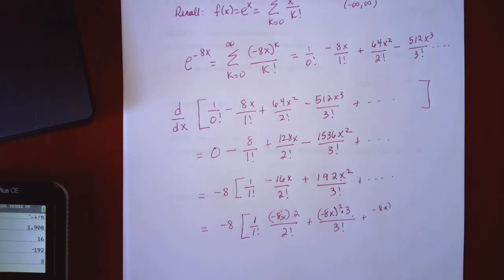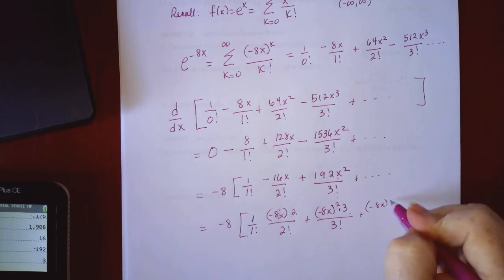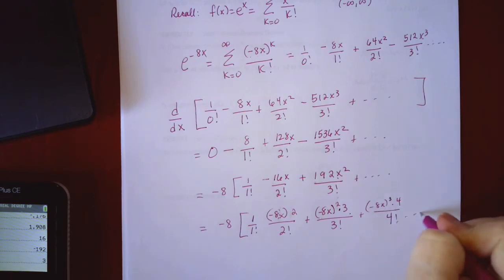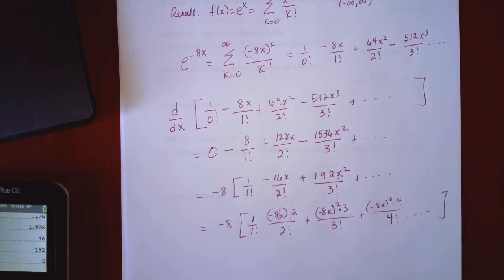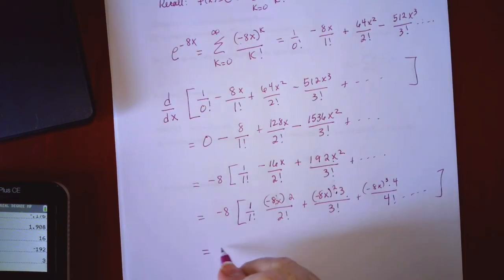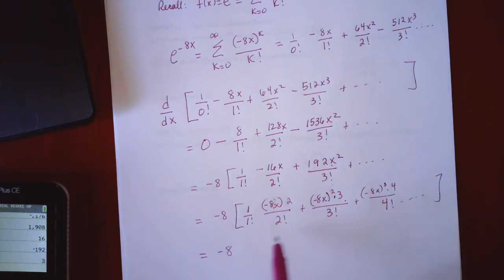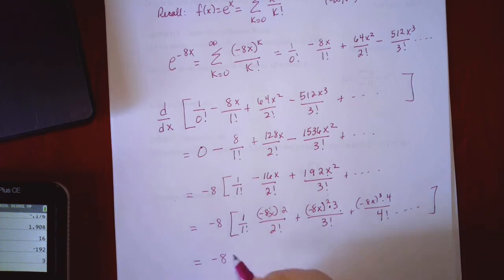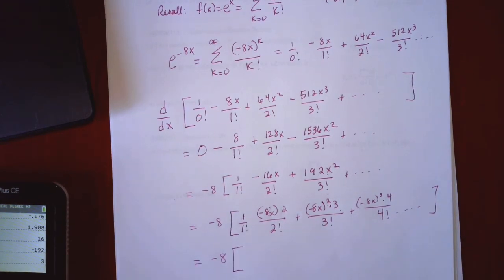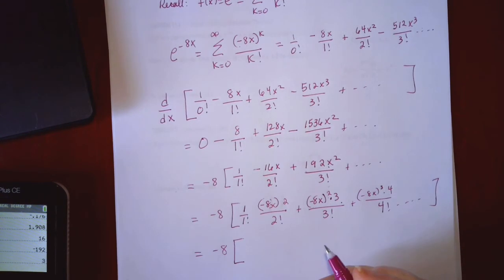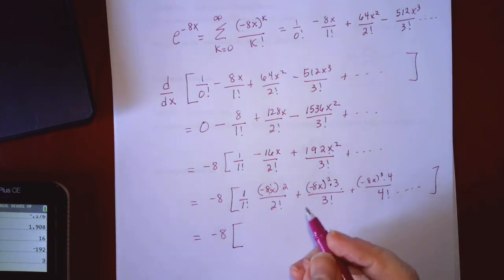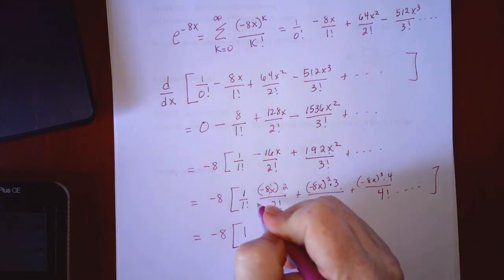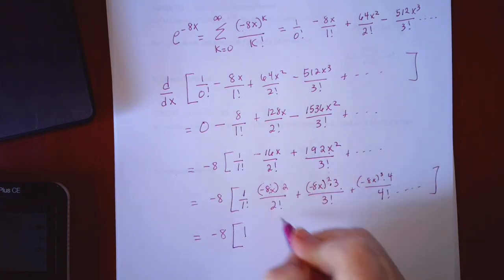Yeah, okay. The next term, we'd have negative 8x to the third, times 4 over 4 factorial, and so on and so forth. And we're doing this one by brute force. We actually just wrote out the terms of the series and we're taking the derivative term by term. But that would be the same thing as, okay, this is just 1, right? This is negative 8x.